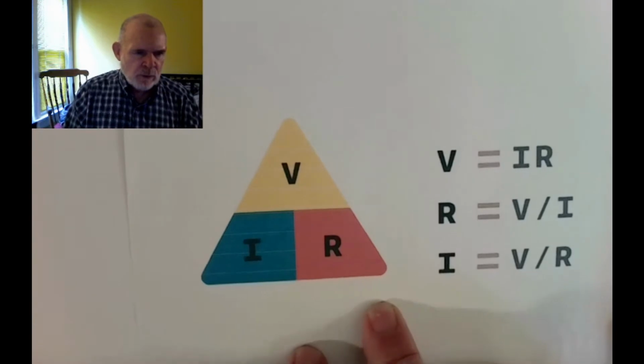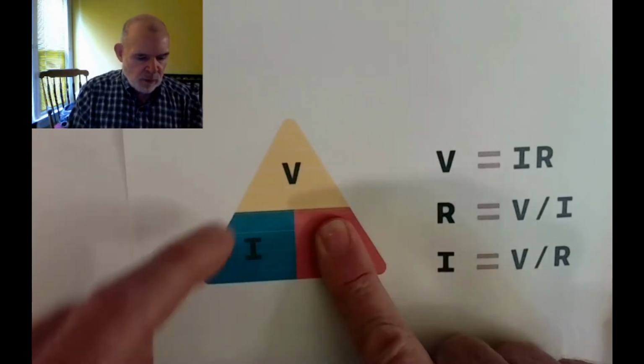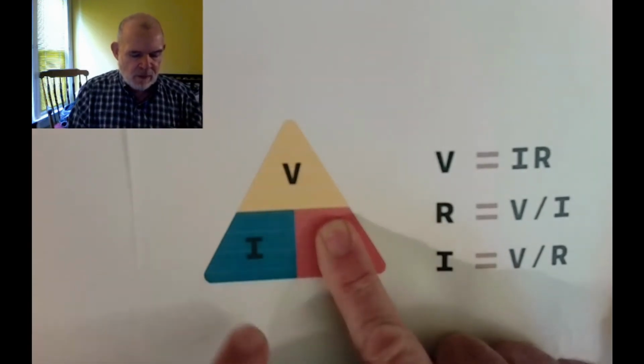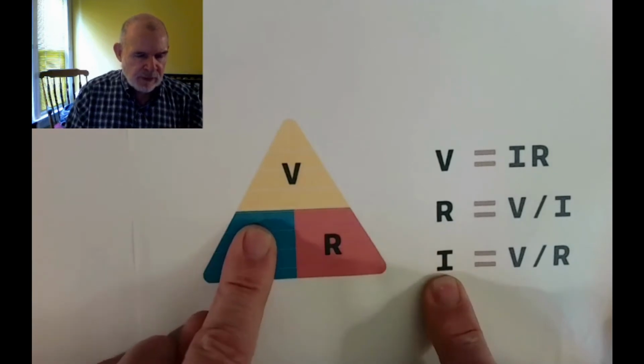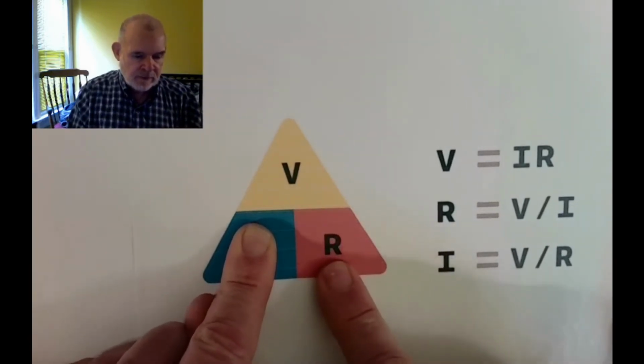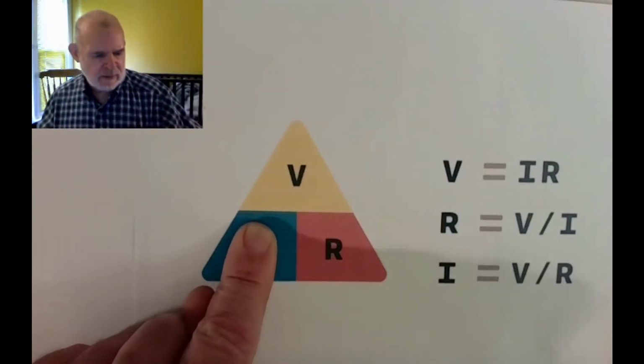Or if you want to know resistance, put your finger on R, and R equals volts divided by current. Or if you want to know I, put your finger on the I, and the formula is volts divided by resistance. You'll see this on several different websites on the internet.